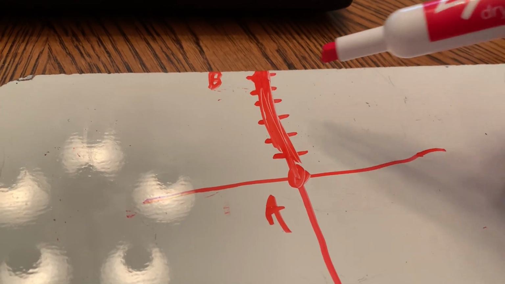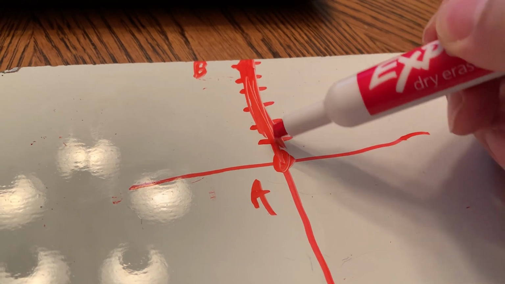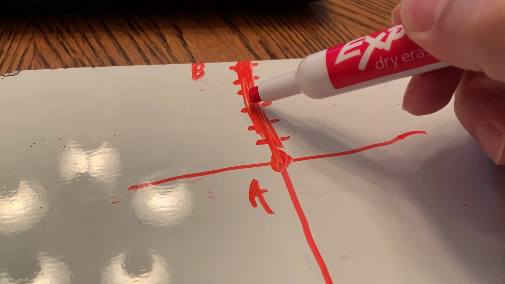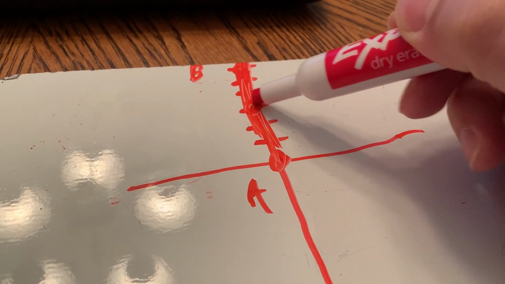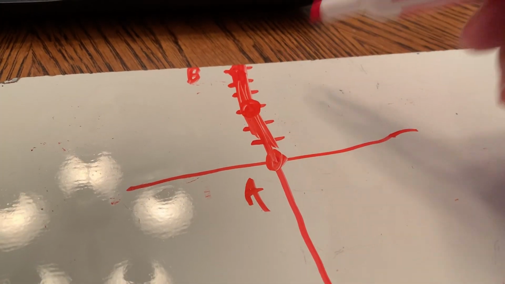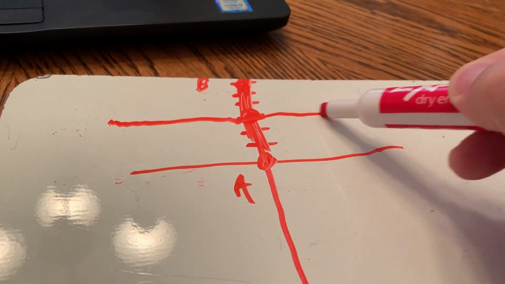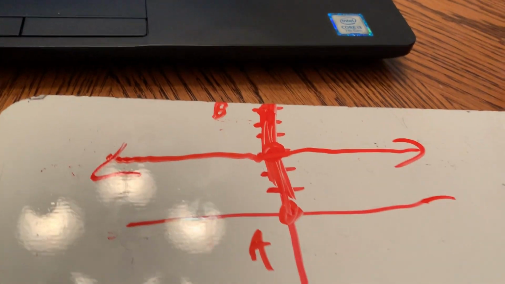Okay? And I also want both parts of the line to be equal, so I need to go halfway in between. So I went y to 0, y to 6. So halfway in between, of course, is going to be 3. All right? So this is where my line would cross, and it would go straight across as so.